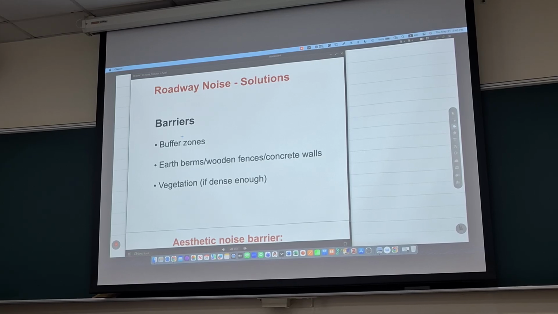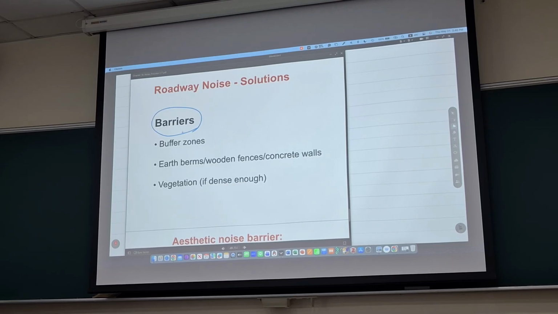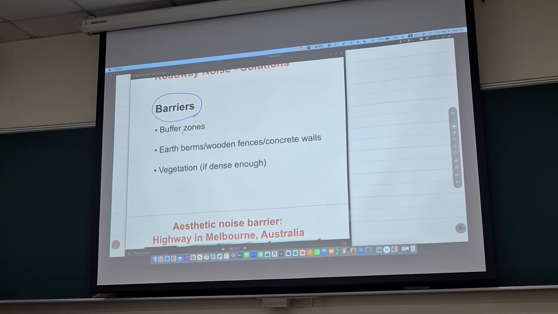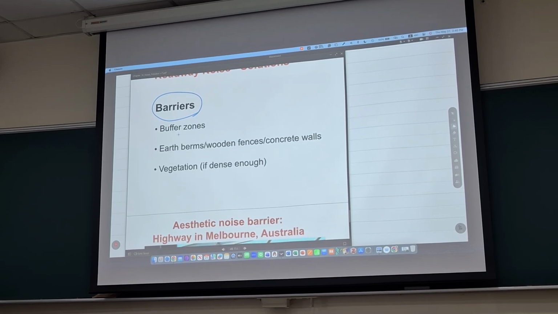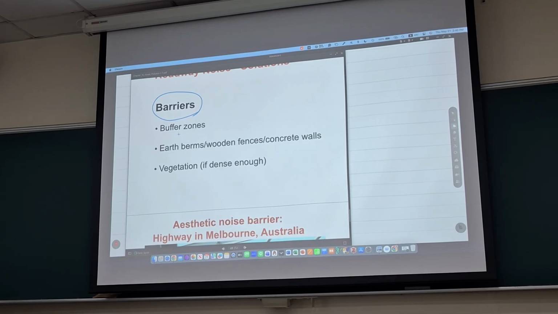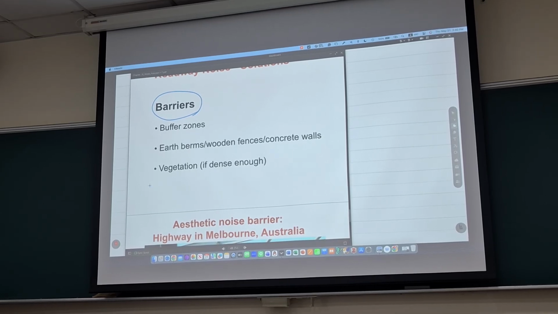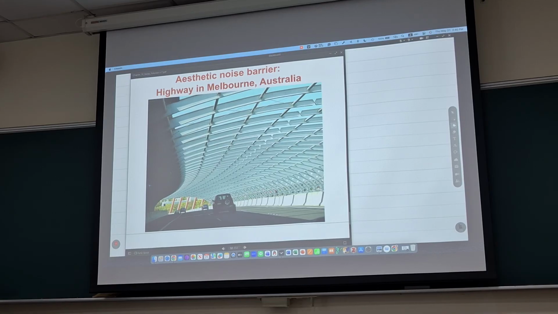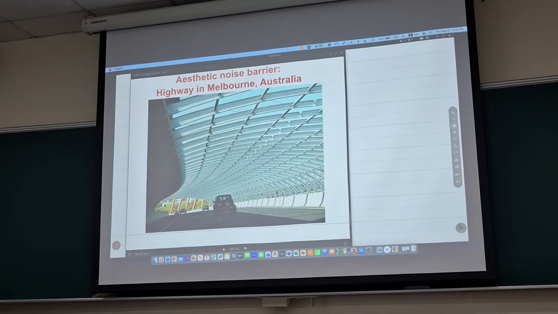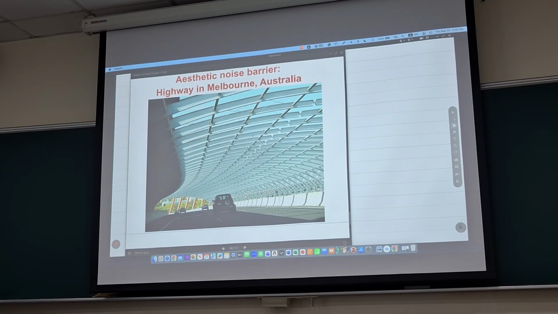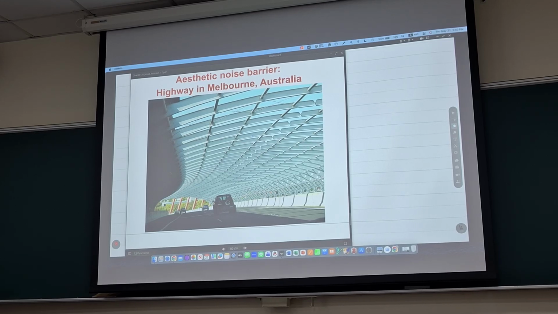Okay, you can also use some physical measures, for example barriers to produce buffer zones, right? And you might also use some vegetation in fencing them. So this is a very good example, the noise barriers in Australia.